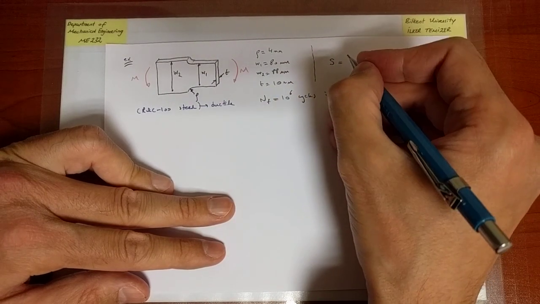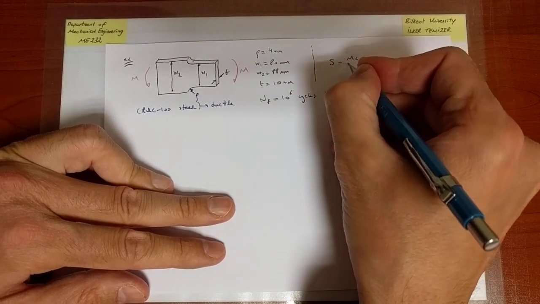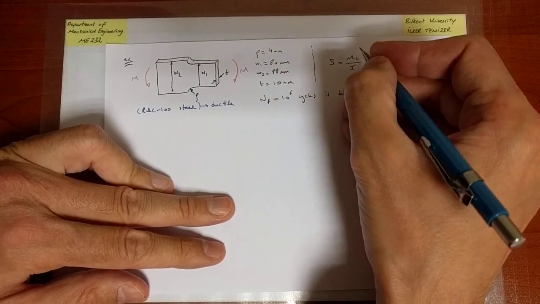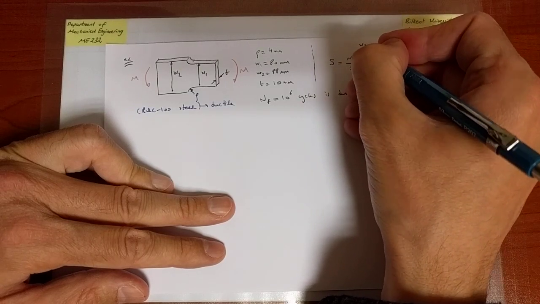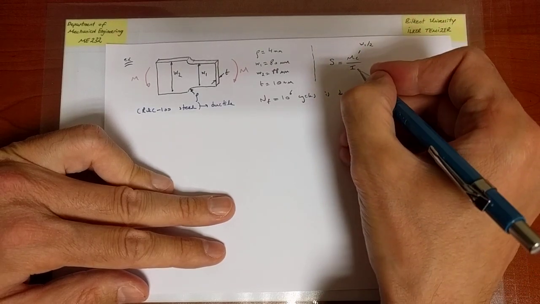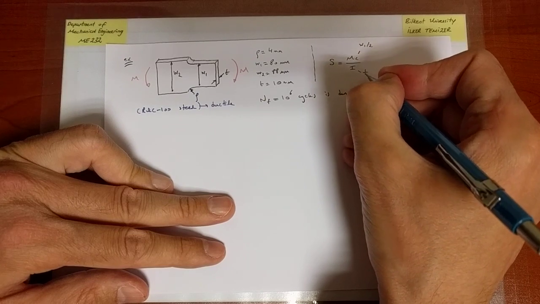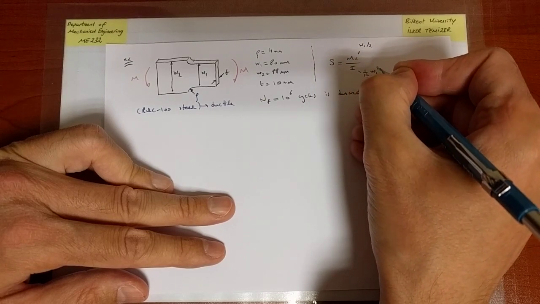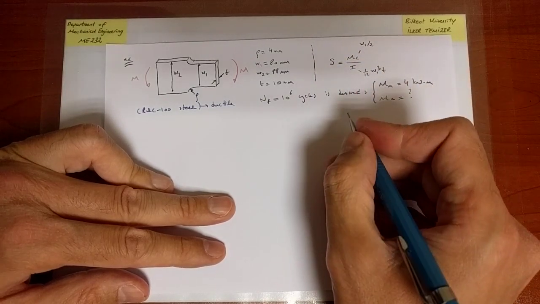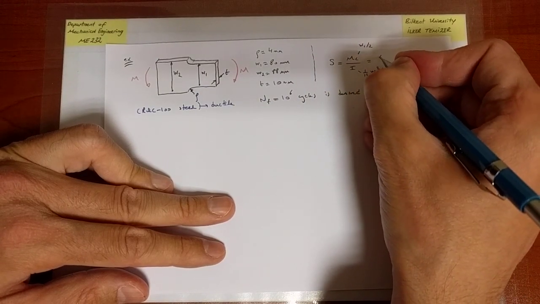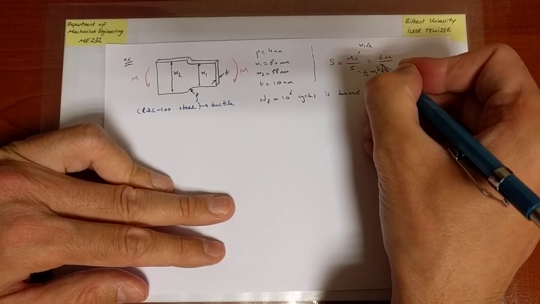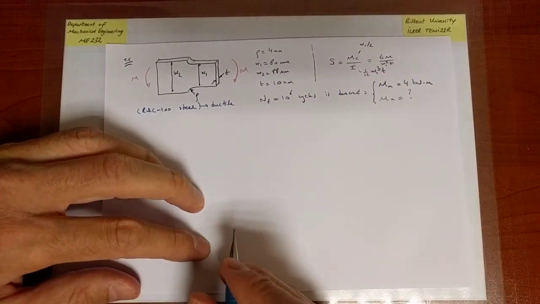So we're going to calculate essentially MC over I. We're going to apply that equation with C corresponding to the smaller portion, W1 over 2, and therefore I being equal to 1 over 12 W1 cubed T. So the value of S is 6M over W1 squared T.